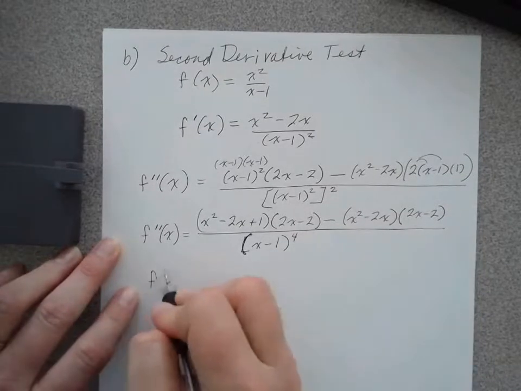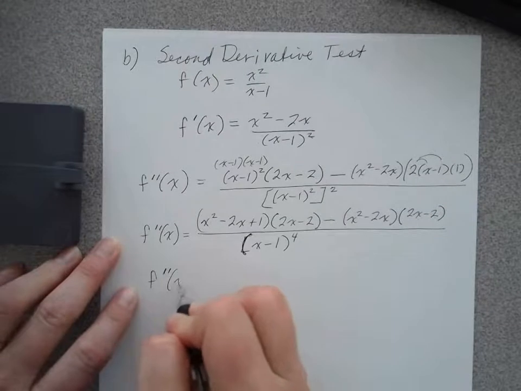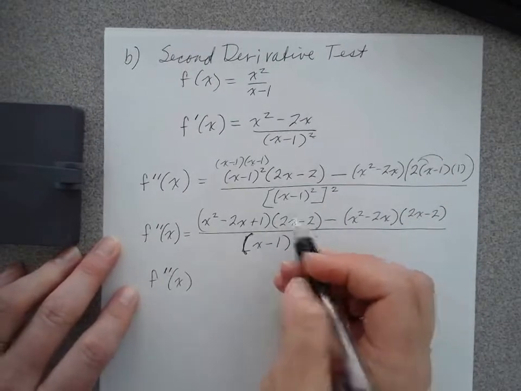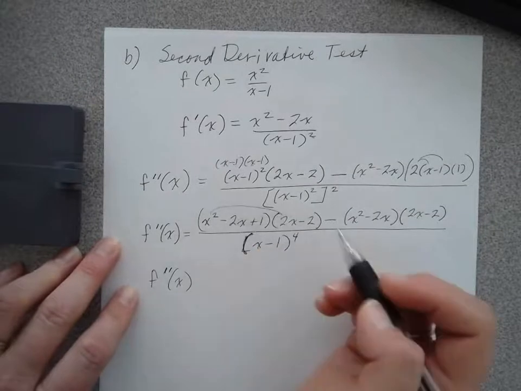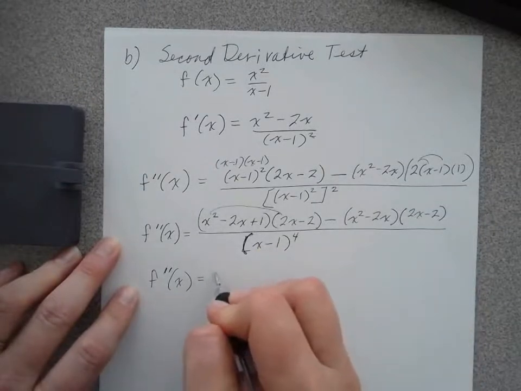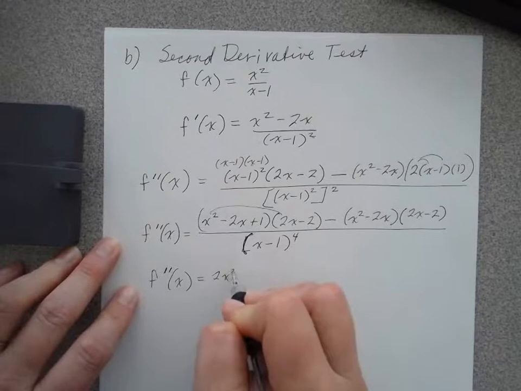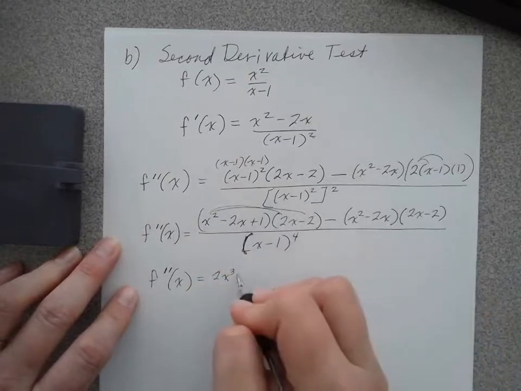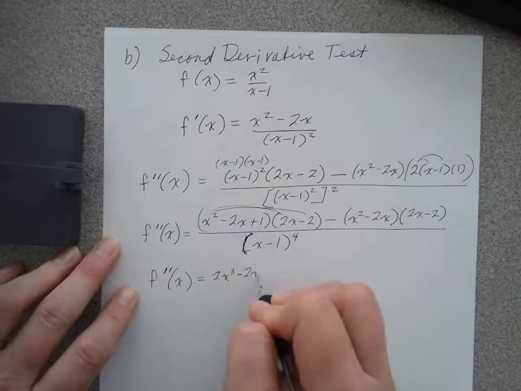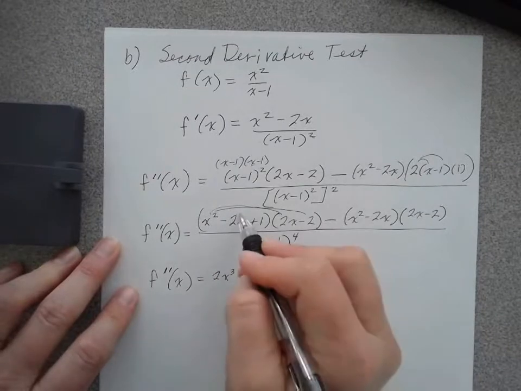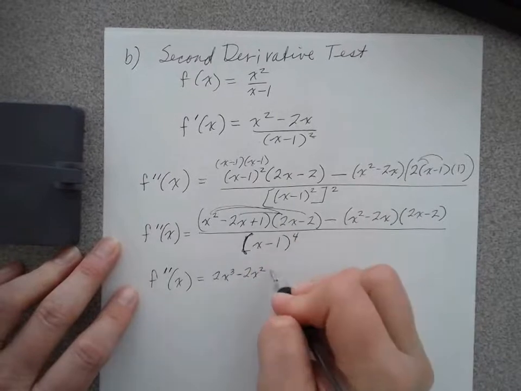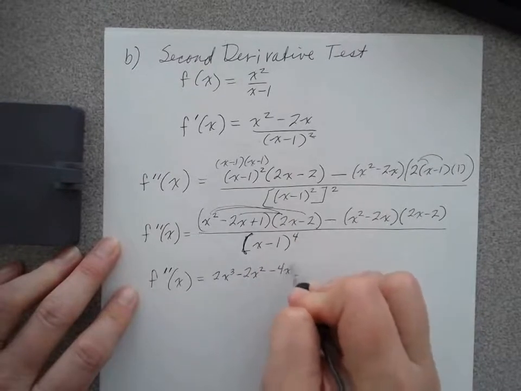All right, then multiply, distributive property for this first term. So x squared times 2x is 2x cubed. And then x squared times negative 2, negative 2x squared. Then negative 2x times each one. So negative 2x times 2x is negative 4x squared.